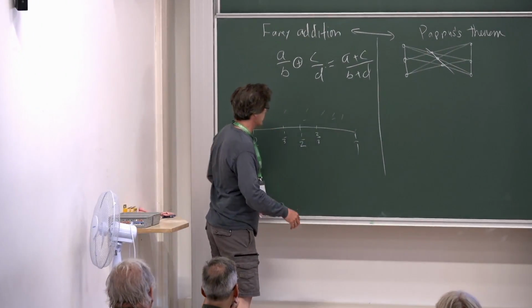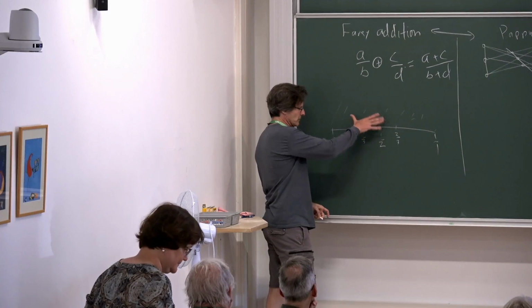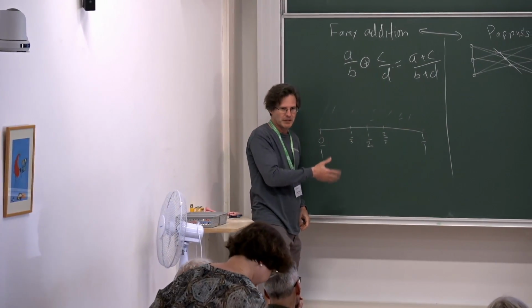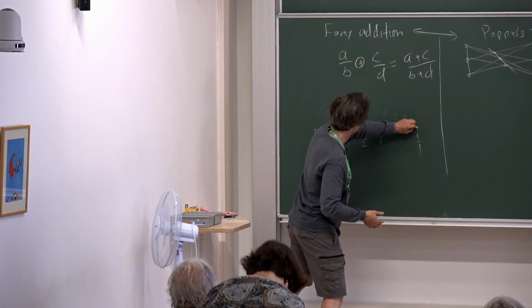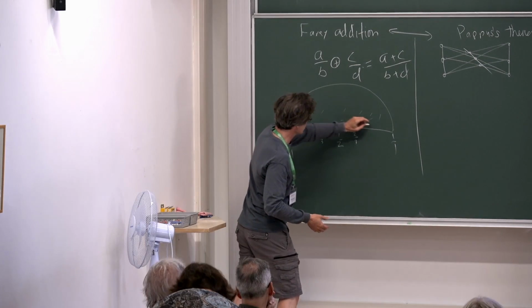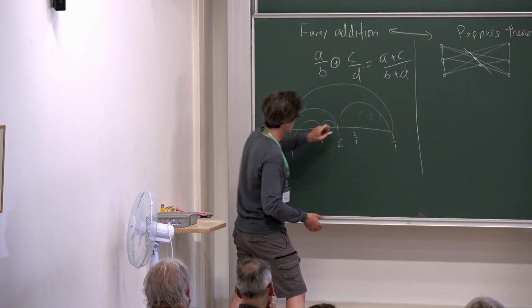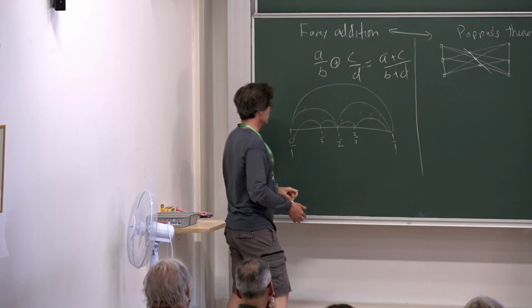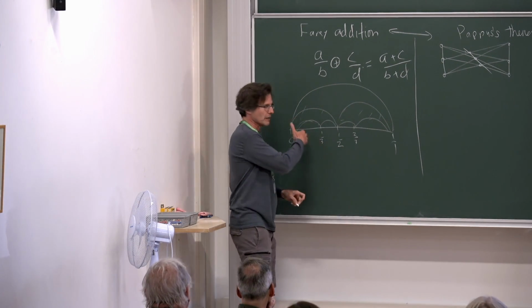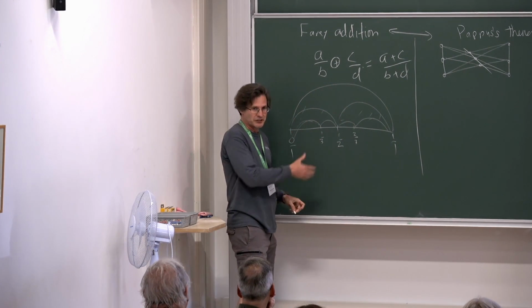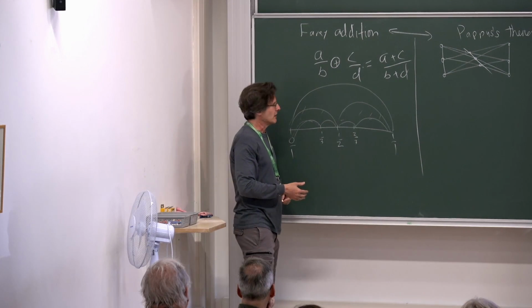The good way to think about this is that this is the real line, the ideal boundary of the upper half plane, and then you connect these with semicircular arcs, and this produces an infinite pattern of geodesics in the hyperbolic plane.